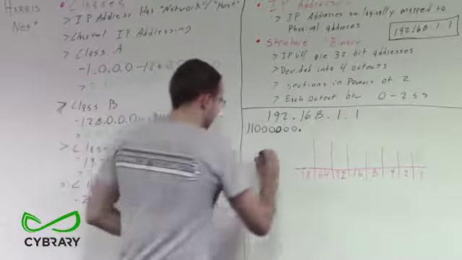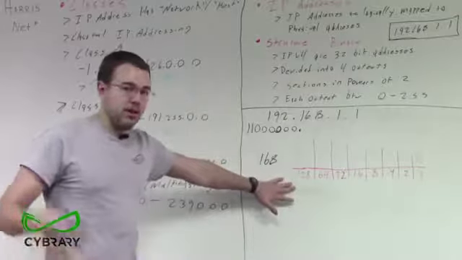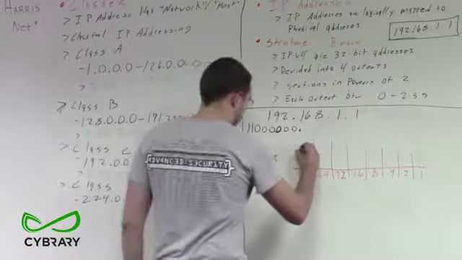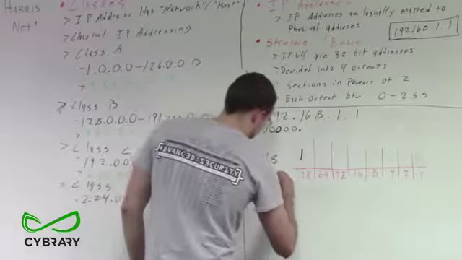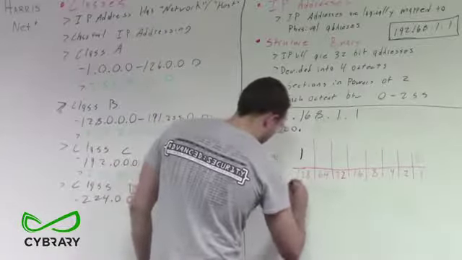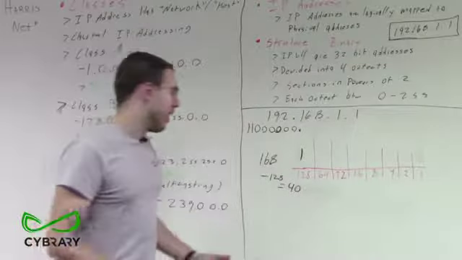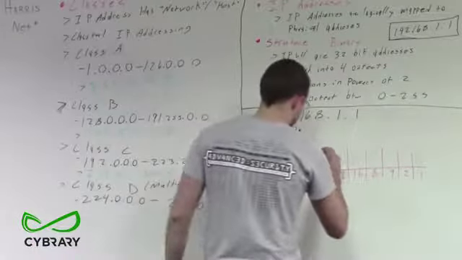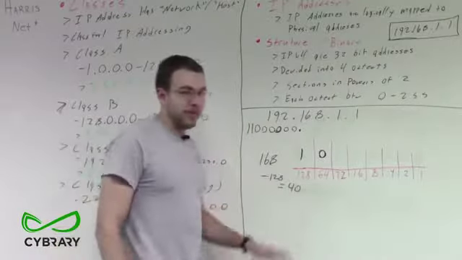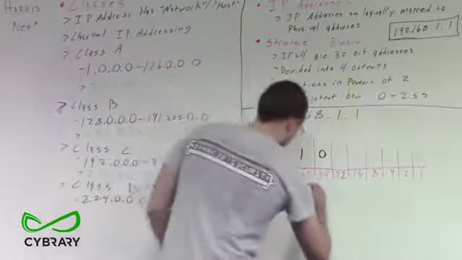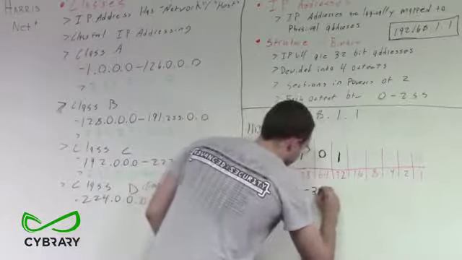So now let's move on to our next number, our 168. Does our 168 fit into 128? Yes. So we put an on in our 128, and 168 minus 128 equals 40. Now, does 64 fit into 40? No, it does not. So we have an off in our 64 place. What about 32? Does 32 fit into 40? Yes, it does. So we put an on in our 32, and we subtract 32 from 40.